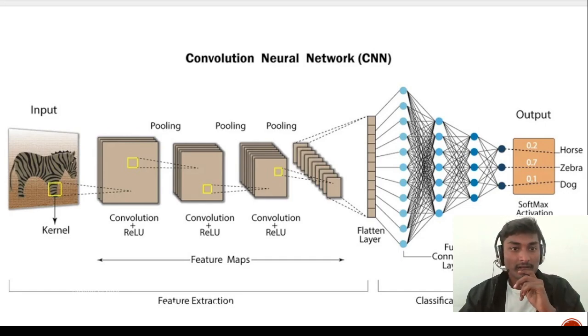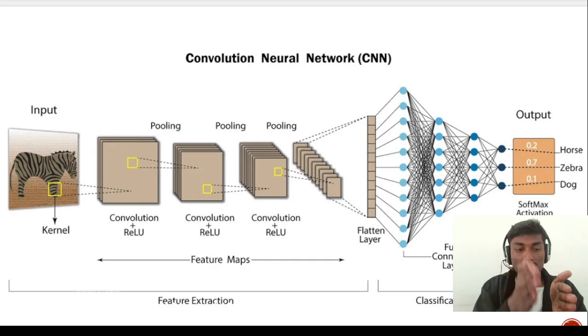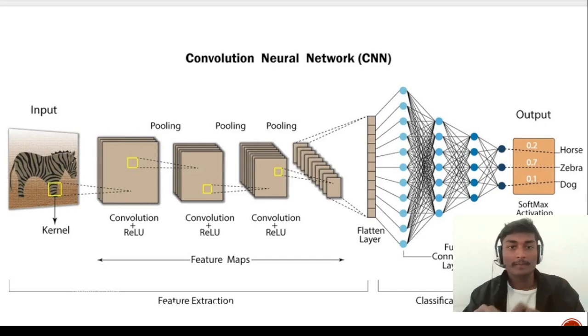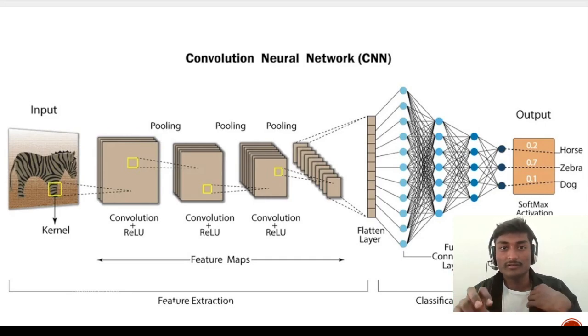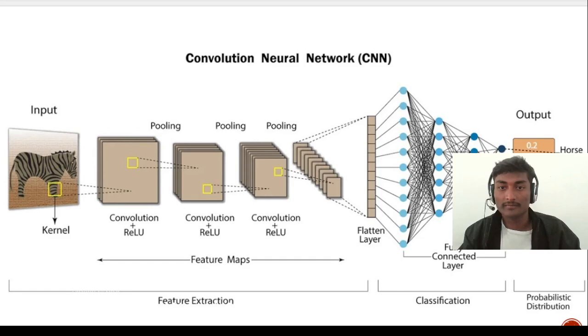Here is the zebra image as an input layer, and the kernel means that it will cut the image into a number of parts that go to the inner layers, the convolution plus ReLU functions. Pooling means it will reduce the high dimension data into low dimensions, and then flatten layers.